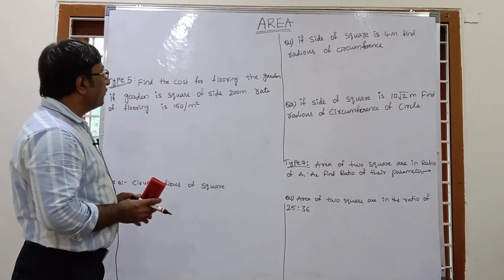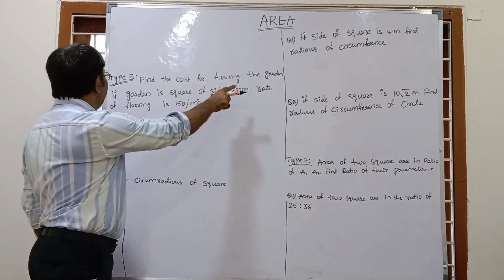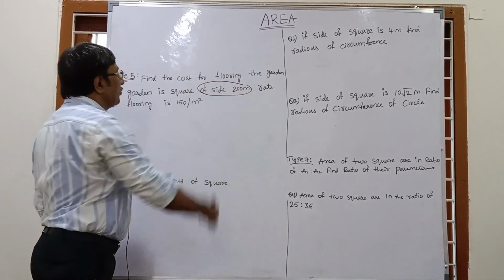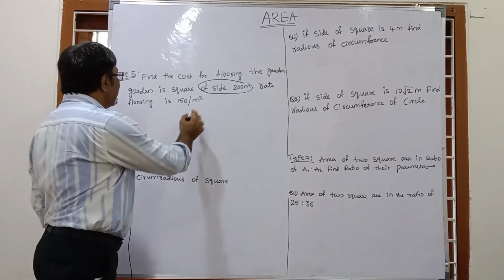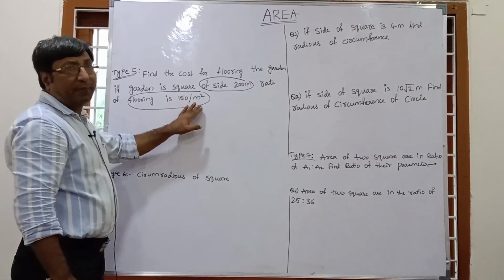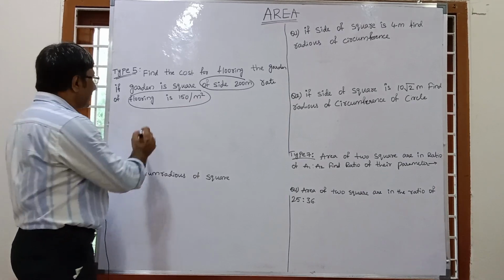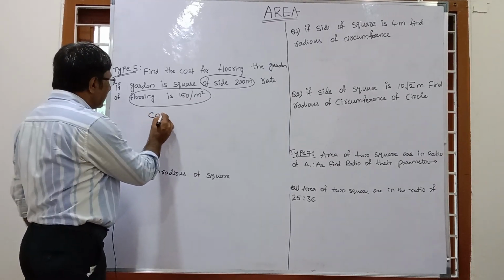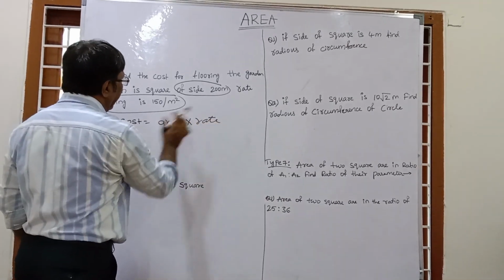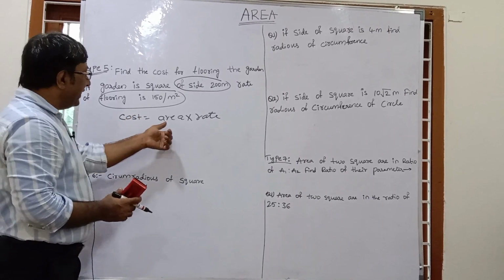The side of the garden is given as 200 meters, which is a square, and the rate of flooring is 150 per meter square. For this type of question there is a simple technique: cost equals area into rate. We have to find the cost, so cost is area into rate.